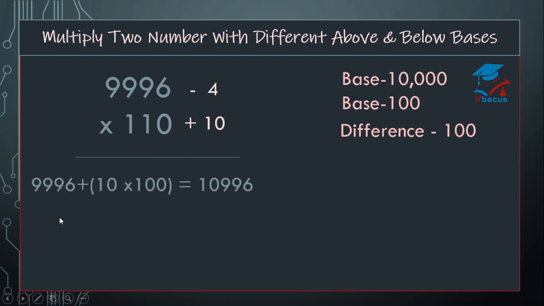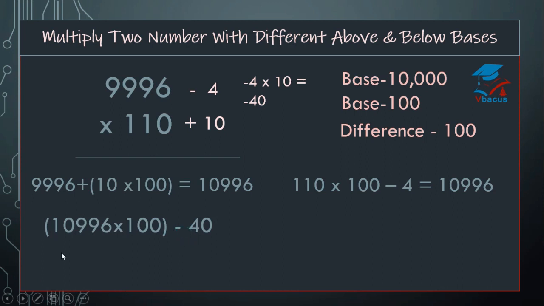If you take 9,996 and multiply this 10 by the difference of bases and add it, you will get 10,996. Or you can take 110 multiplied by the difference and subtract 4. You will get the same answer again, 10,996. And multiply minus 4 times plus 10 and you will get minus 40.